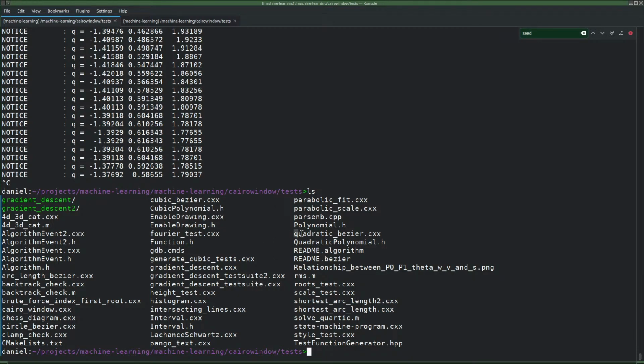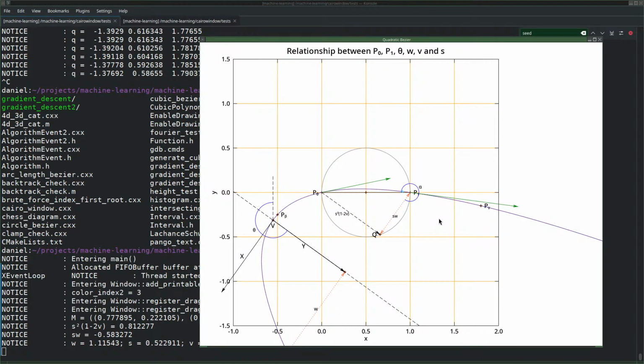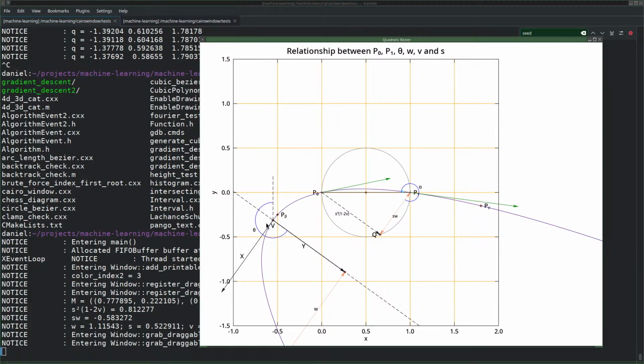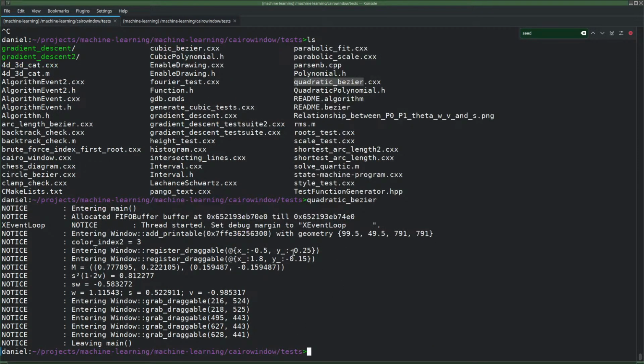Ah, damn it, I did do something with the quadratic Bezier. Now what the hell is that? Oh, see, so I got it wrong. This is a rotated parabola. And that one is called quadratic Bezier.